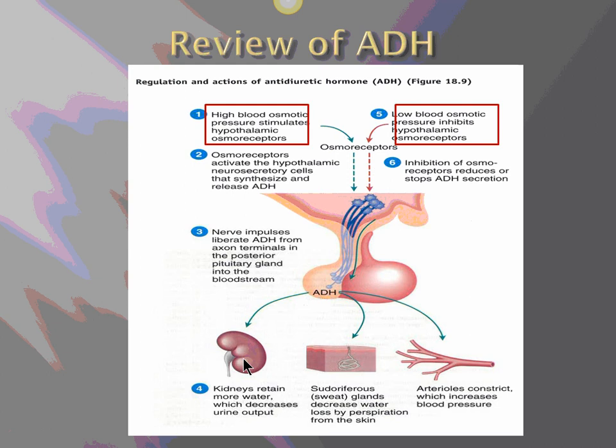It acts on the kidneys, causing reabsorption of water from the tubules. Sweating is decreased, and your blood vessels constrict, so blood pressure is raised and brought back to normal. So you can see how ADH is acting. However, if your blood volume is adequate and your osmotic pressure is low, then ADH will not be secreted, all of these actions will not occur, and you'll pass more urine.